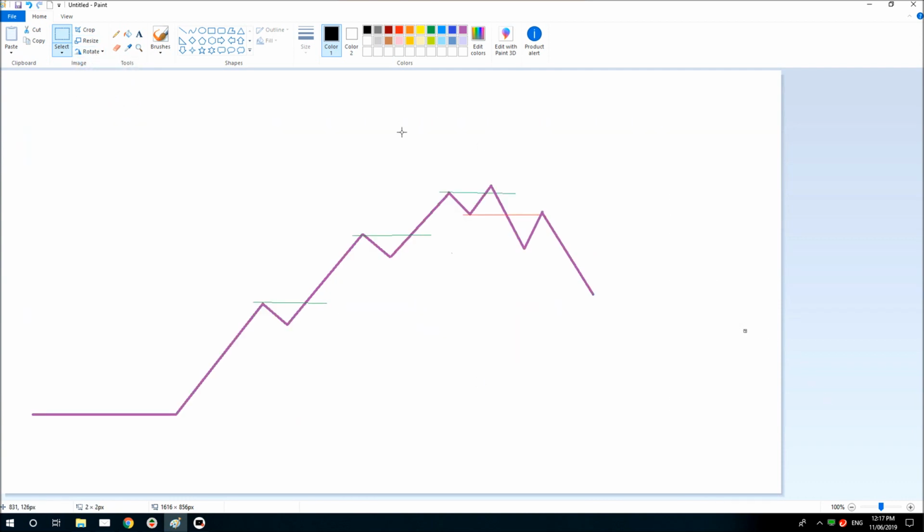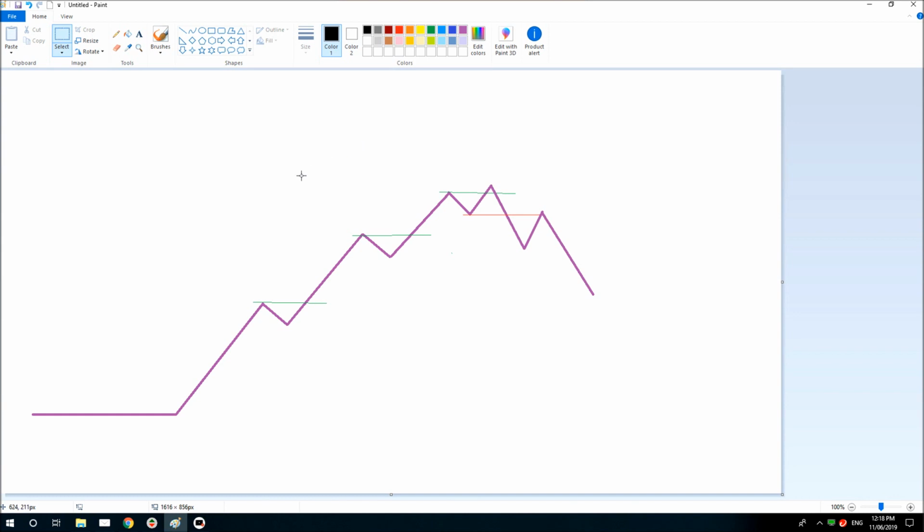Now, back in 1932, when Wyckoff was doing his education prior to actually beginning the course that we know of now, he was asked, how might you know when a trend may be about to change direction, whether that be an uptrend changing to move down or a downtrend changing to move up?